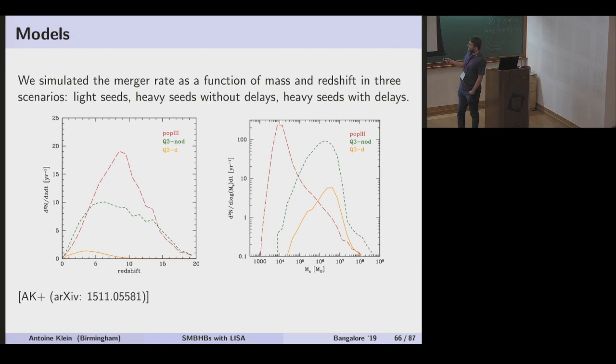And it peaks around redshift 8 to 10. That's where most of your mergers happen. In the heavy mass case, if you ignore the delays, your peak of the merger rate is around redshift 5, but stays roughly constant between redshift, say, 3 and 12.